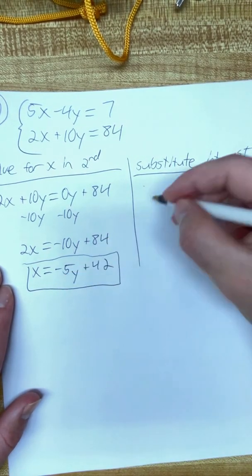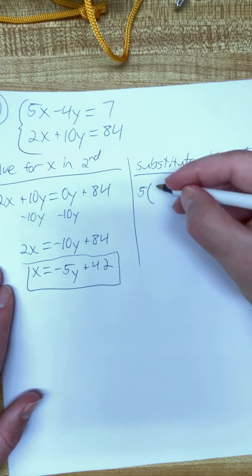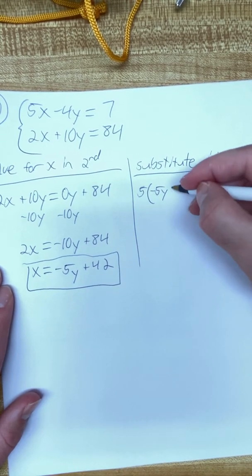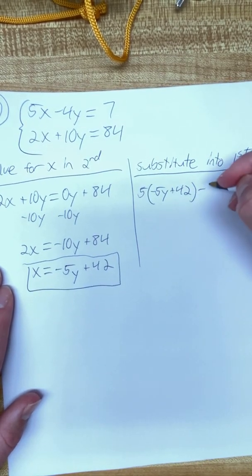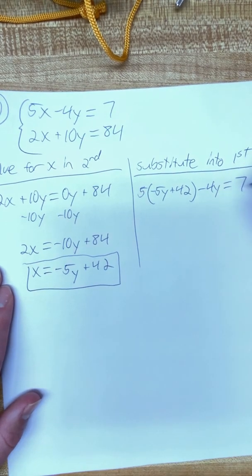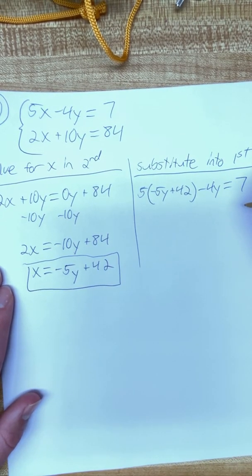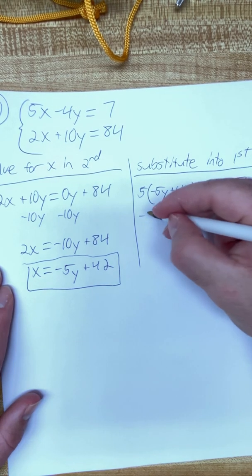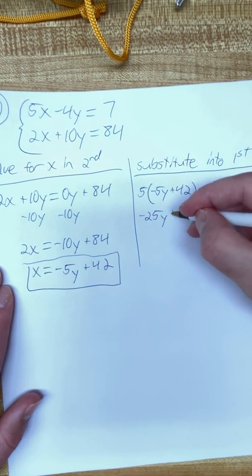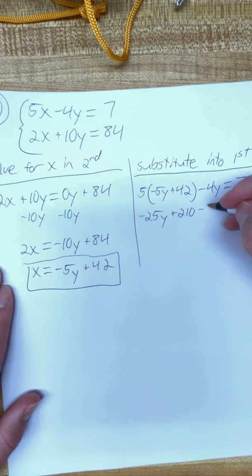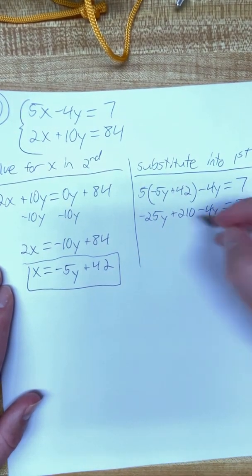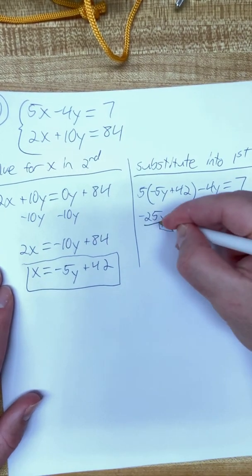So again, we solve for x there, so I'm going to have 5 times my -5y plus 42 minus 4y equals 7. So it's going to be -25y plus 210 minus 4y equals 7. Combine your like terms.